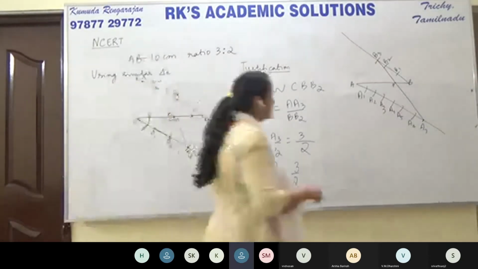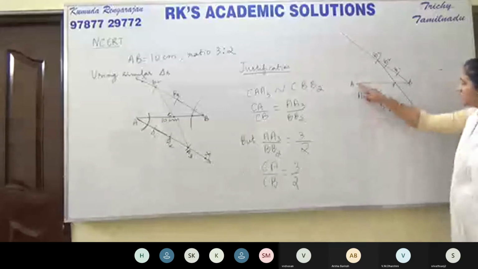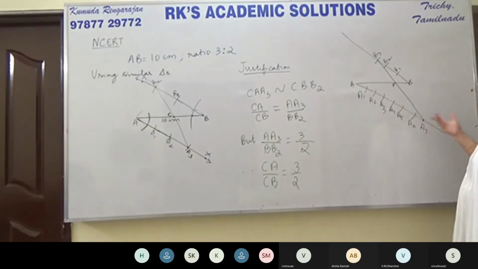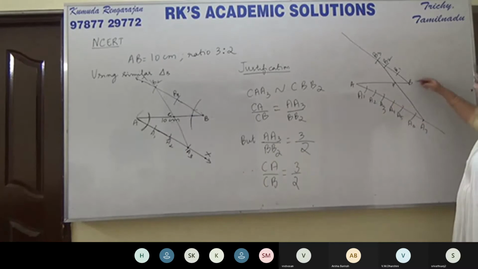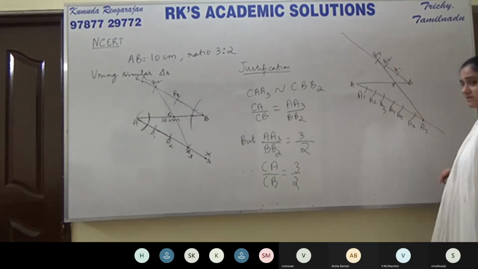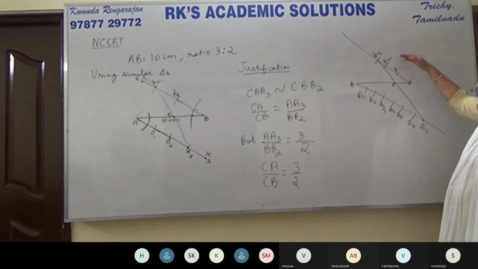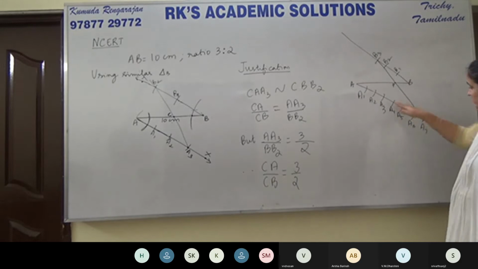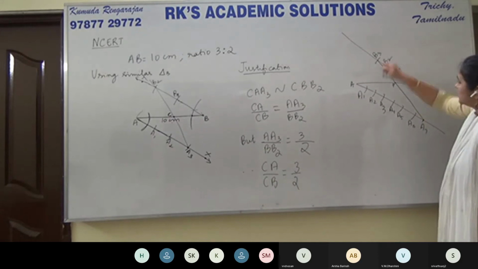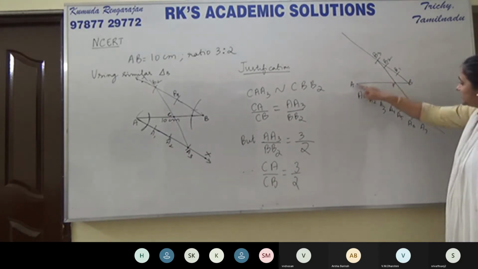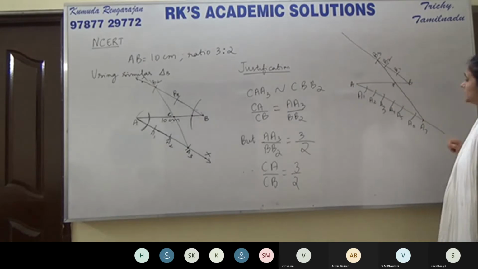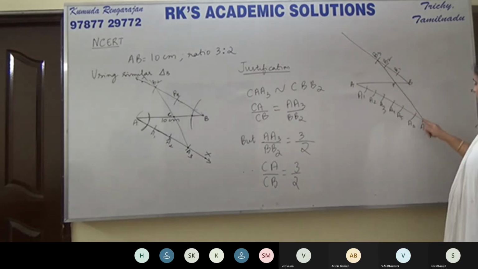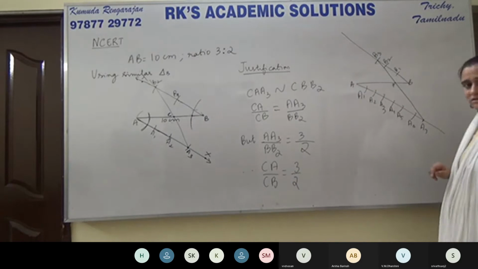Yes, because we have 7 parts here and 3 parts here. First you must say this, then this, not 3:7. So P divides AB in the ratio 7:3.